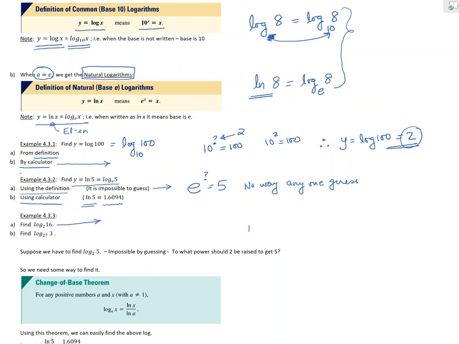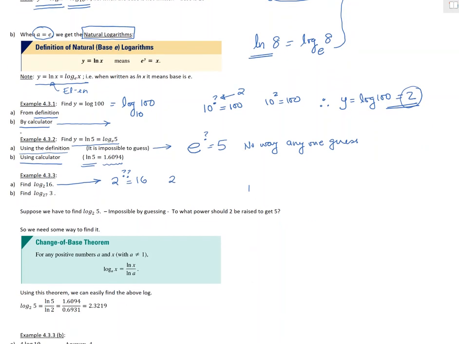Now we want to find log of 16 and the base is 2. So that means I am interested in guessing 2 raised to what power will give me 16. So if you think about it, it must be 2 raised to the power 4, which gives me 16. Therefore, log of 16 to base 2 must be 4. Now log of 3 to base 27.